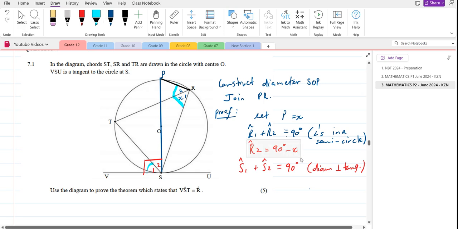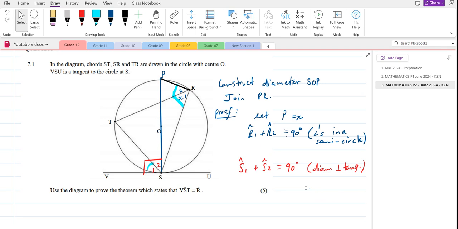Right, so there's no reason to write this out. So we know that's 90, 90. We're going to say that angle there is x. So now we have angles in same segment, which makes angle T equal to x.